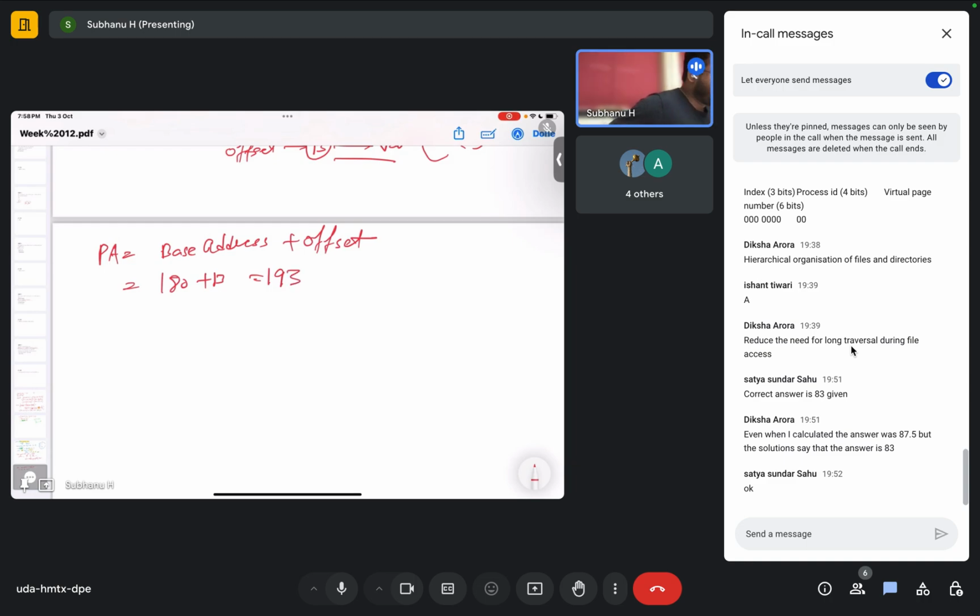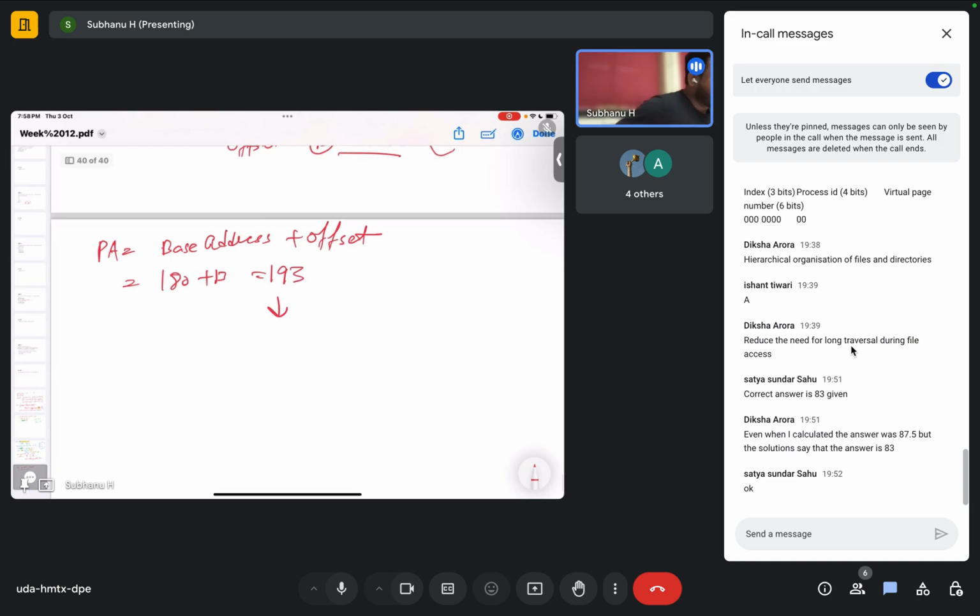Okay, so if I convert 193 into binary, it will be 11000001.